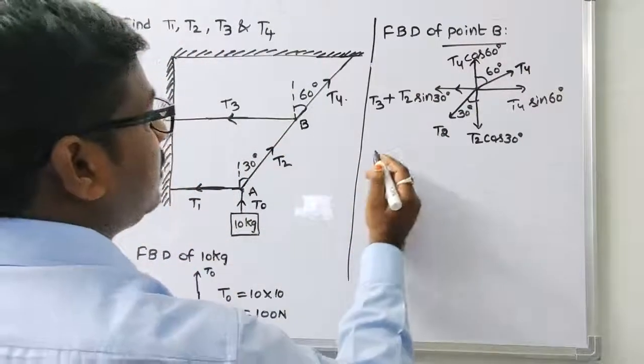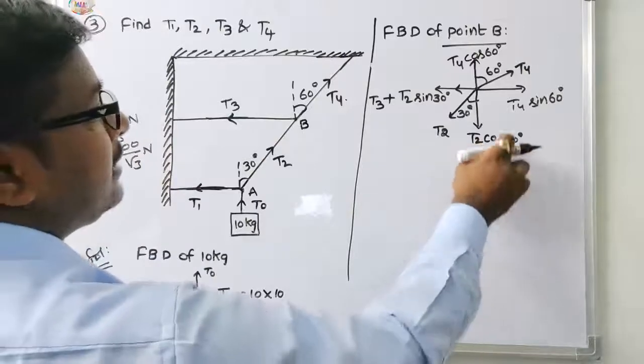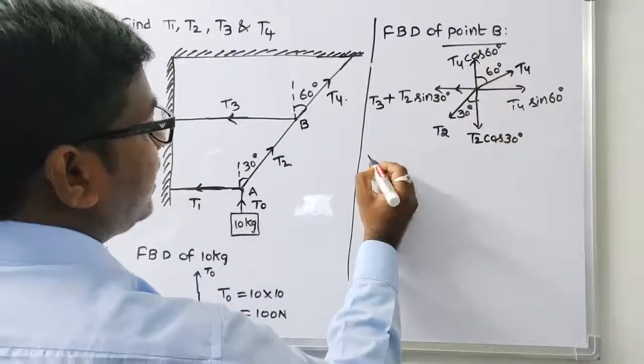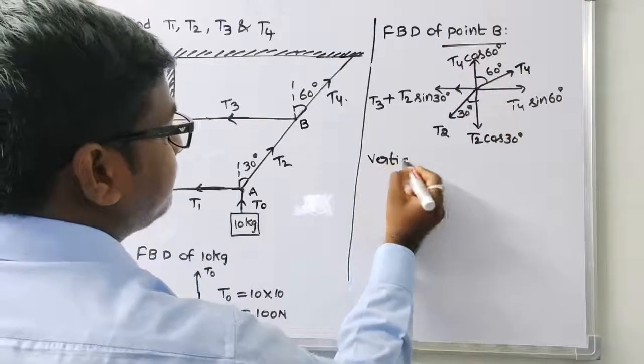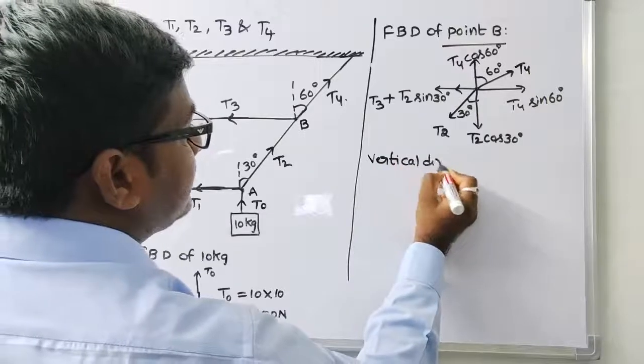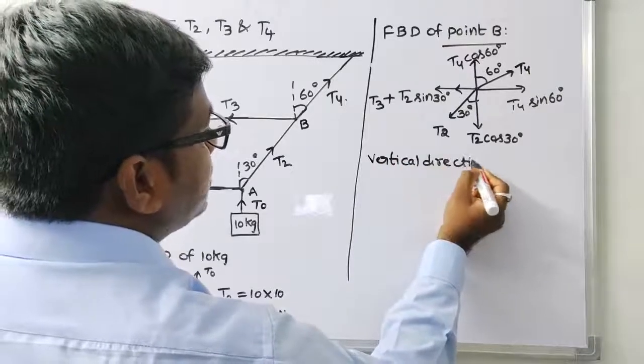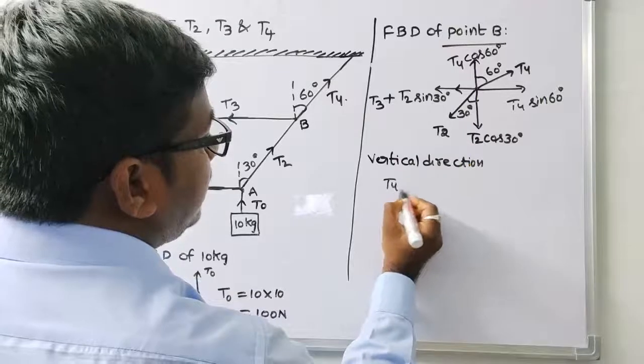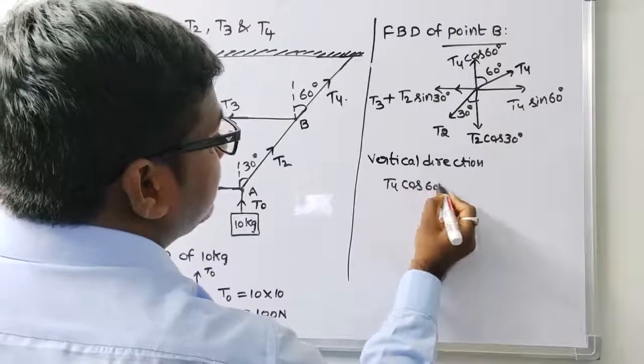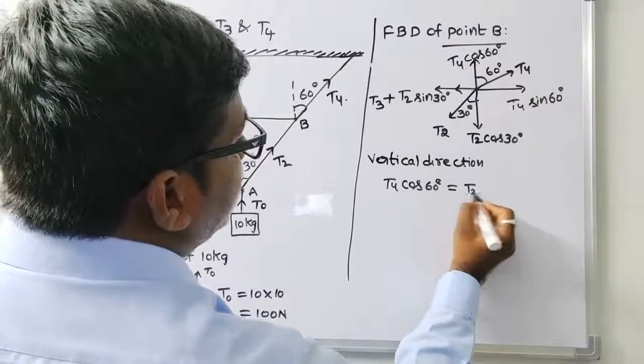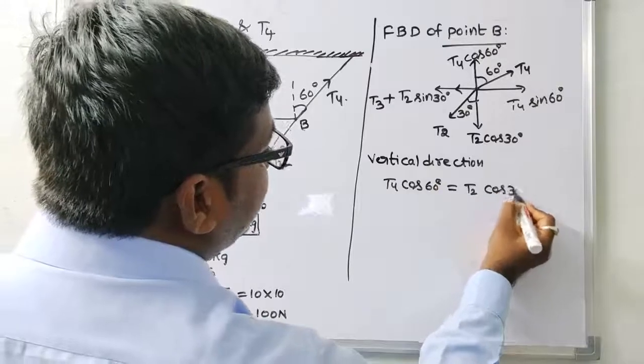First, to get the T2 value, take the vertical direction. T4 cos 60 is equal to T2 cos 30 degrees.